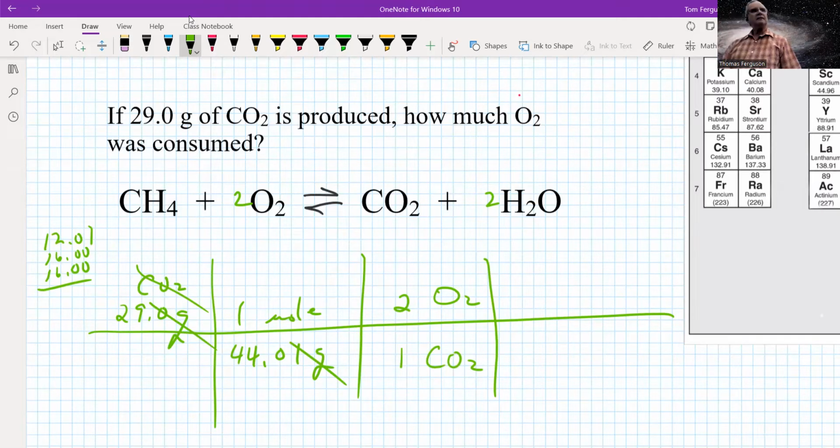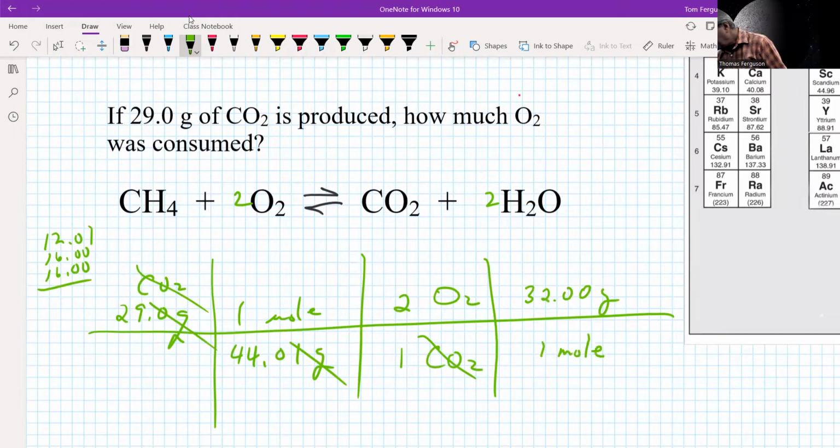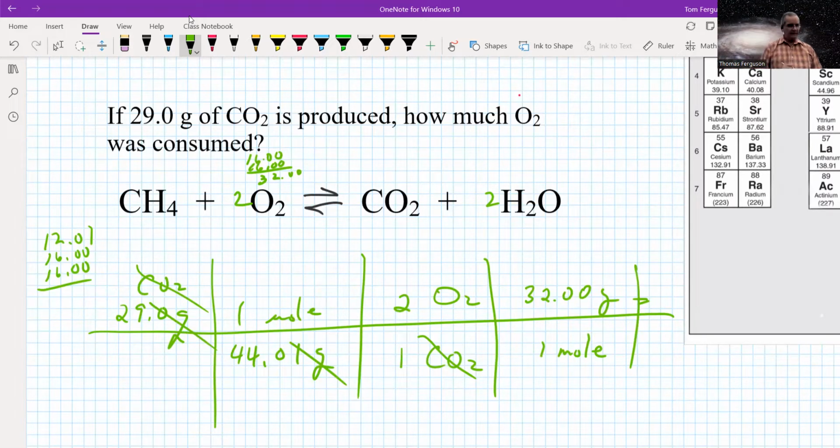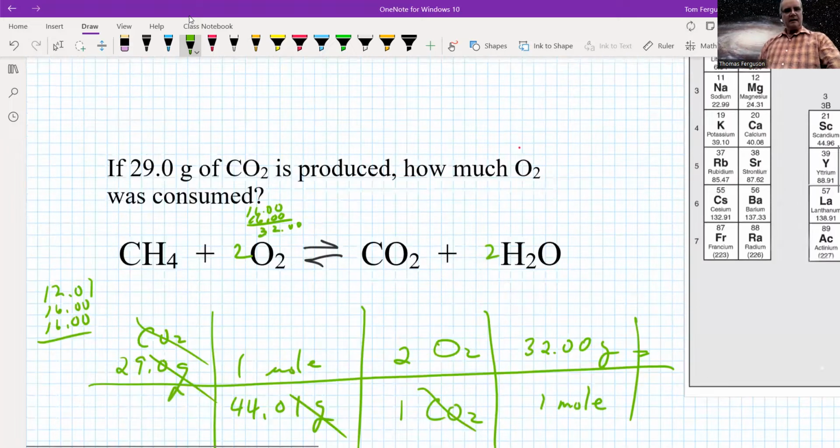And then oxygen moles, we need to convert to oxygen grams. And oxygen is 16, and there are 2 of them. Now I want you to look at this and that.